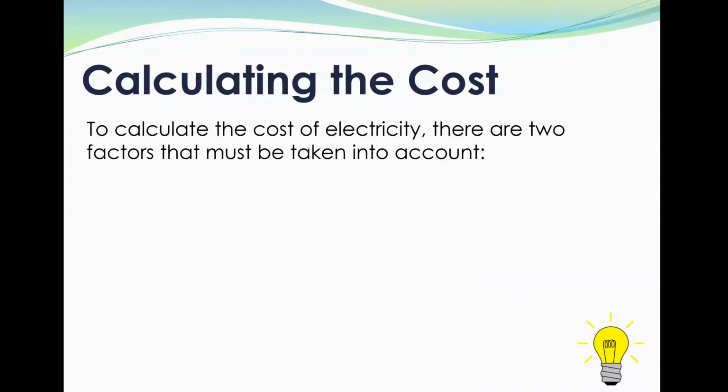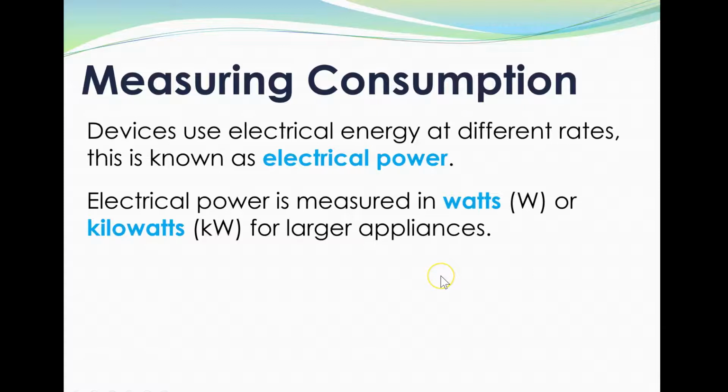So measuring consumption. Devices use electrical energy at different rates, and this is known as electrical power. So electrical power is measured in what is known as watts. Okay, and this capital W is the symbol used to represent the word watts.